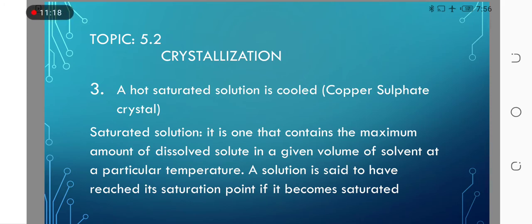If the temperature is not changing, and the maximum amount of solute is dissolved in the given volume of the solvent, then we have formed a saturated solution. A solution is said to have reached its saturation point when it becomes saturated. No more solute can be added into the given volume of the solvent.